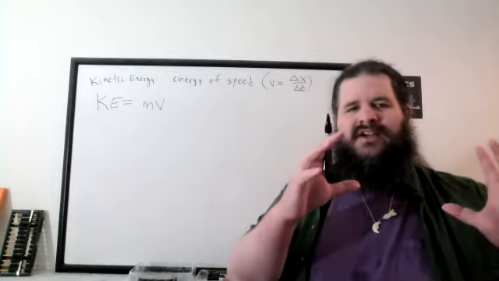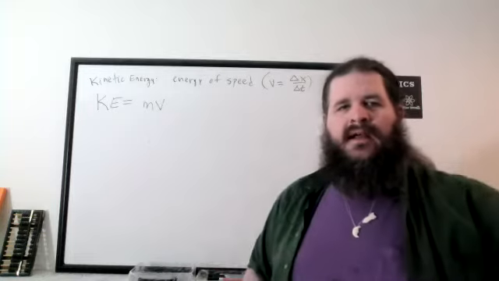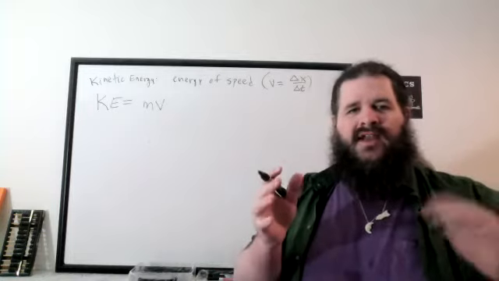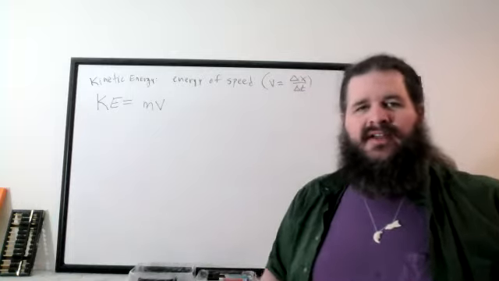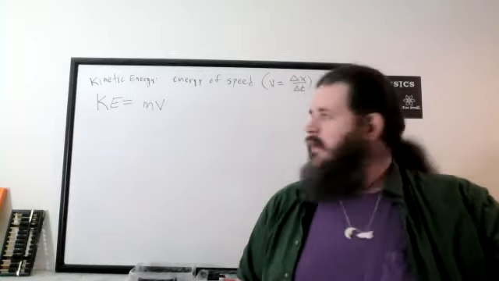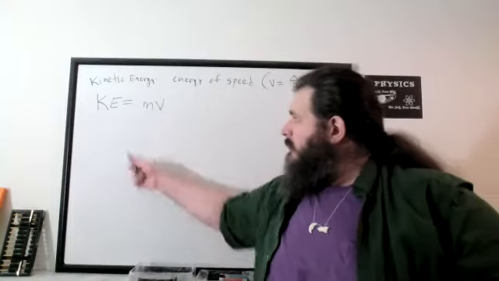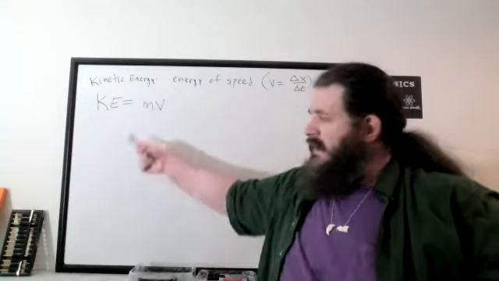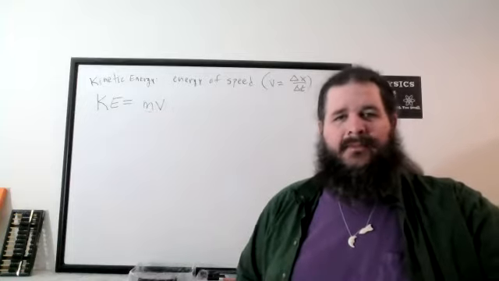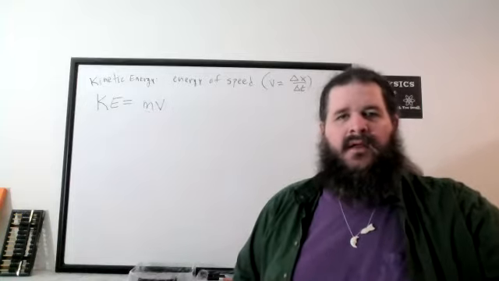If you assume it started from rest, it's going to take a certain amount of work, a certain amount of force applied over a distance to get it moving that fast. The faster it's going, the more energy it's going to take, but also the more massive it is, the more energy it's going to take to get it up to that speed in the first place.